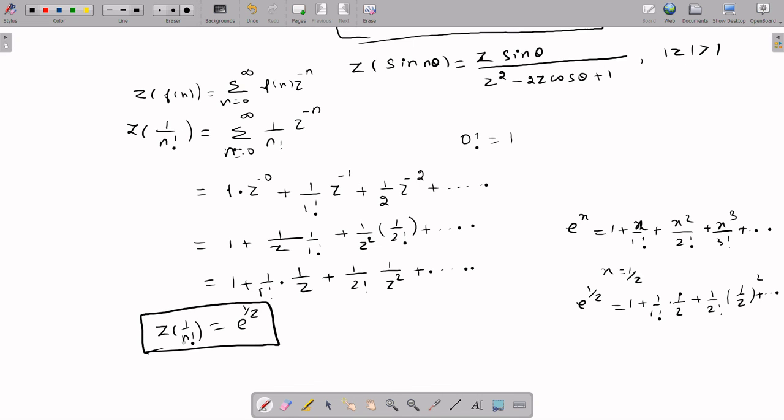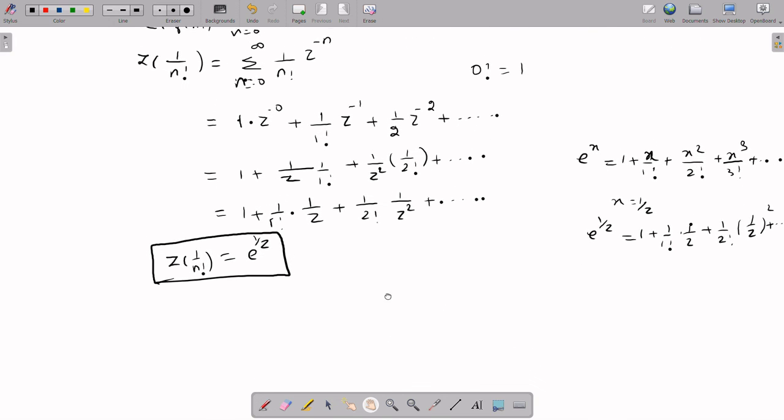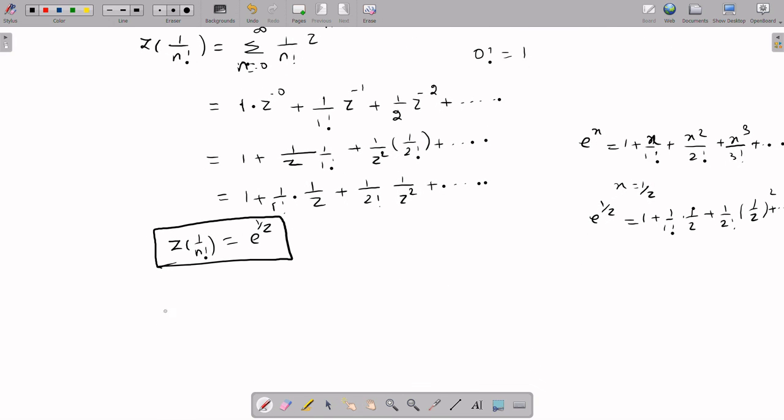In the same way we have to find out Z transform of a power n by n factorial. As usual we have to apply the definition. Summation n is equal to 0 to infinity, f of n here is a power n by n factorial into Z power minus n.